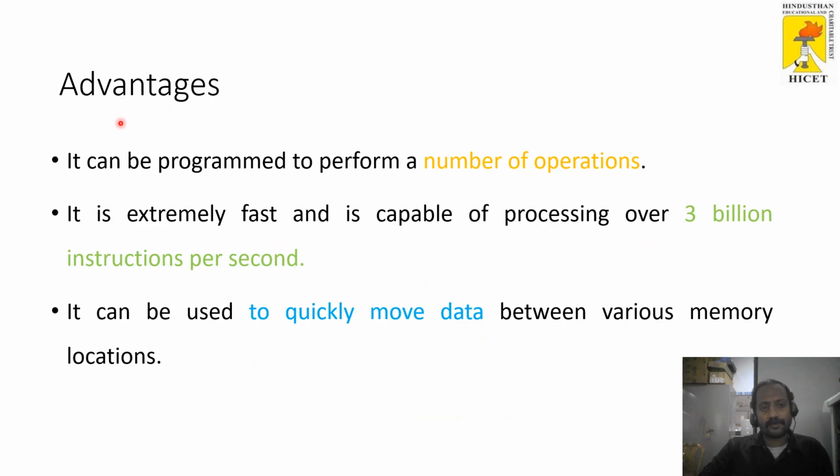Advantages of the microprocessor: it can be programmed to perform a number of operations, it is extremely fast, and it is capable of processing over 3 million instructions per second. It can be used to quickly move data between various memory locations.